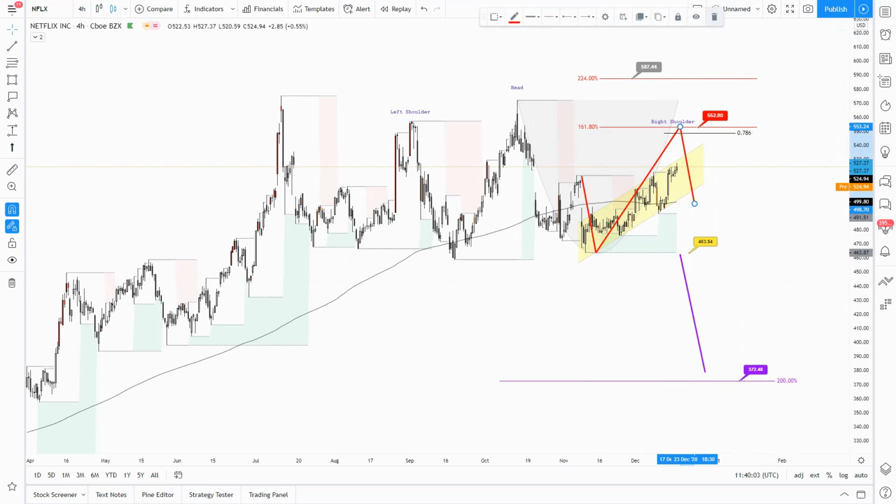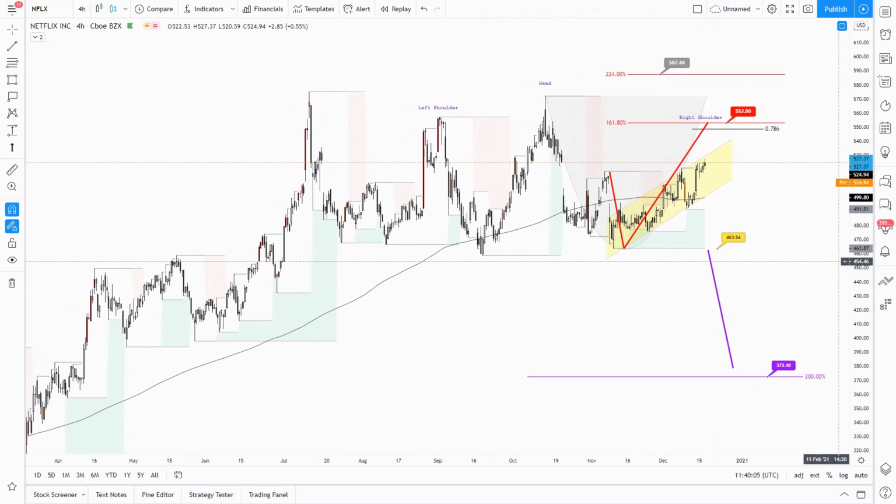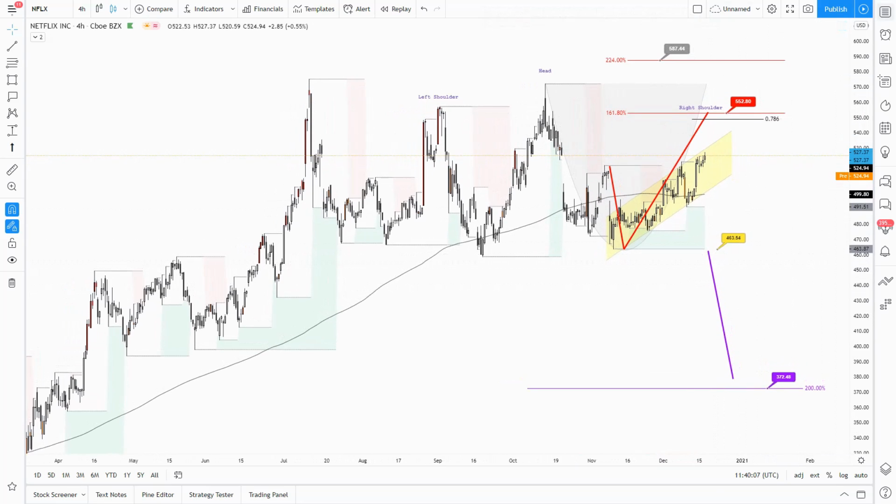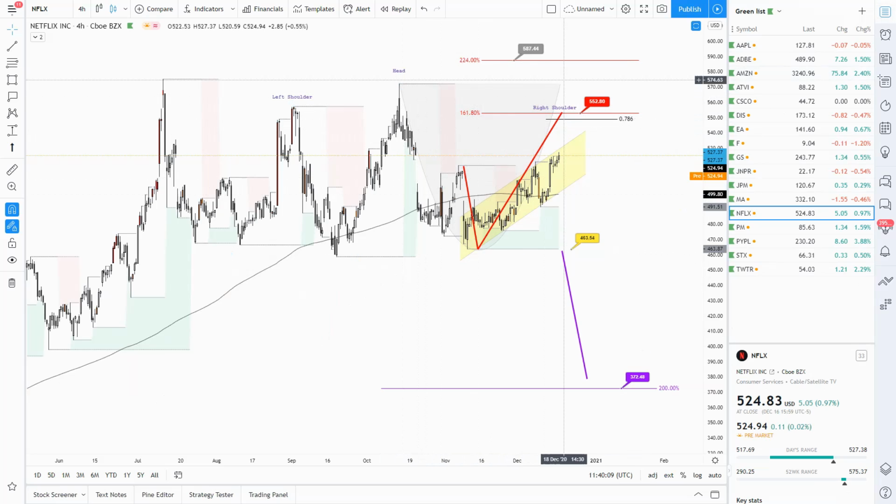Okay, that's the point for the shark pattern. Of course, as we can see, I also draw the potential cup here, because if the market decides to approach these previous structure highs and eventually break above and then retrace, we can consider this as a potential cup.